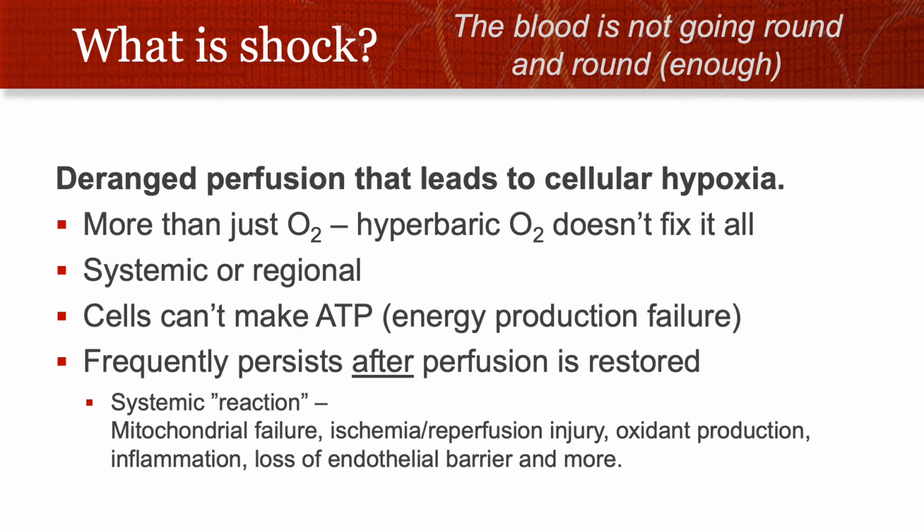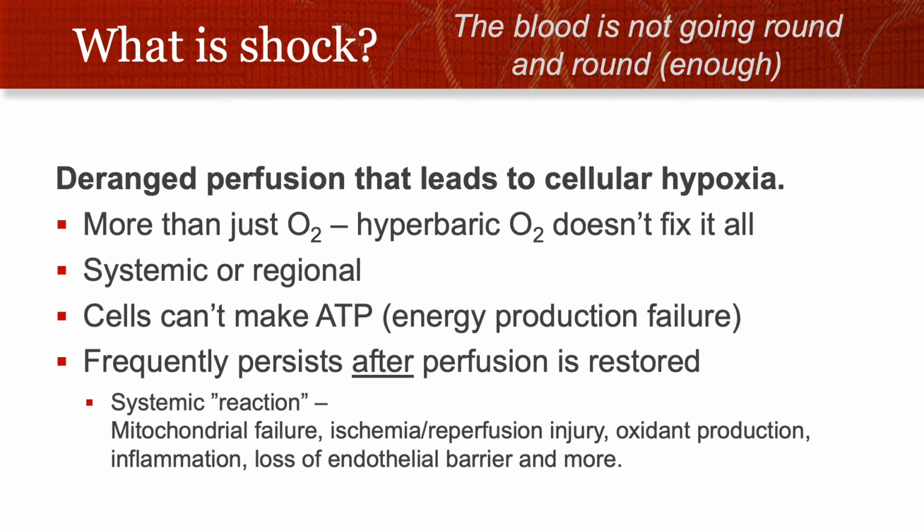All of shock results in not enough oxygen delivery, which means that the mitochondrial electron transport chain, the most efficient part of our body to make ATP, can't make it efficiently, and that energy production failure results in widespread abnormalities and changes in the body as it adapts and otherwise doesn't adapt to not having ATP.